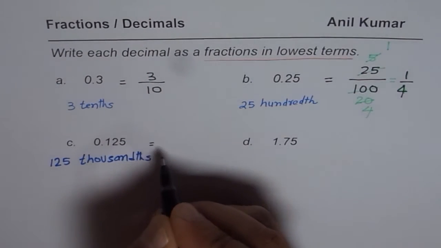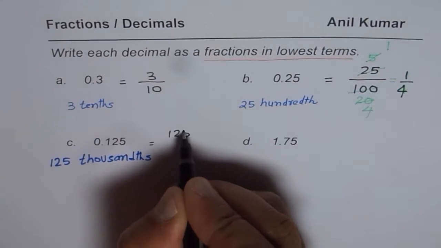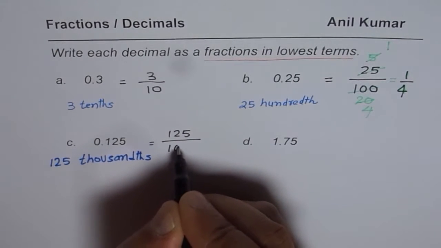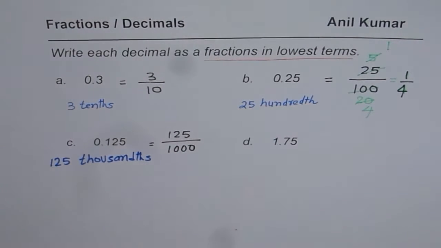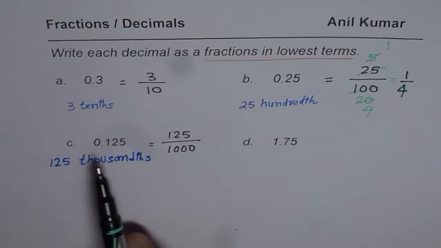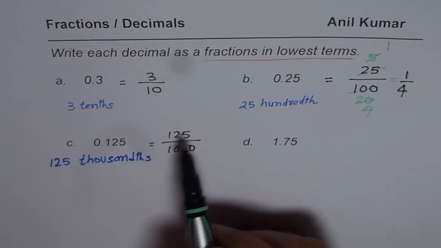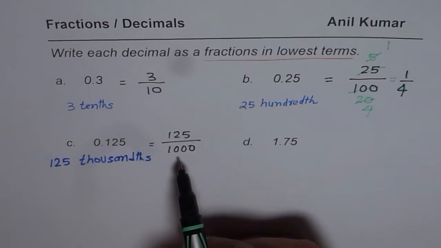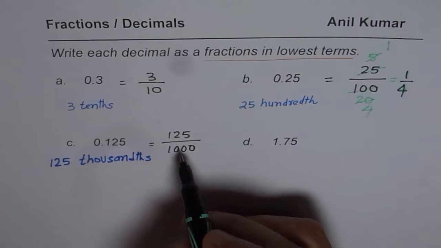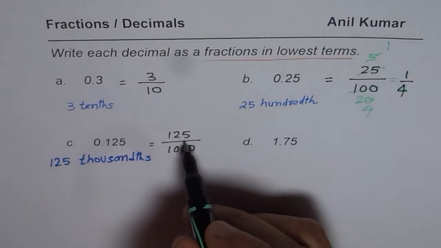And you can write this as 125 divided by 1000. Correct. So now that is a fraction which represents 0.125. You need to simplify it, correct? So you can keep on dividing by 5, that is one way of doing it, or you can also divide by 25. Is it okay?